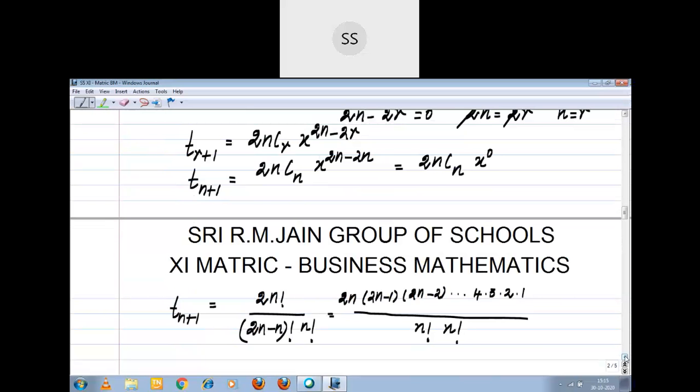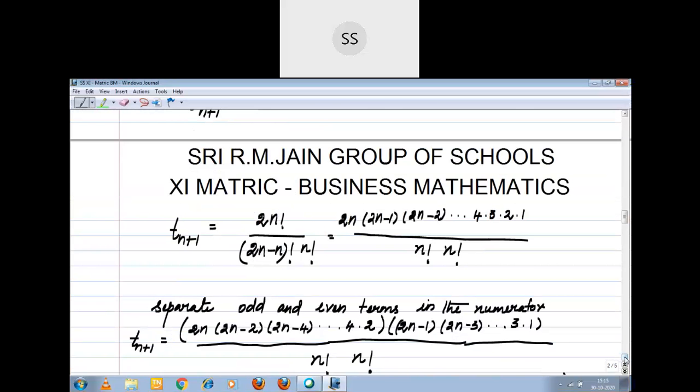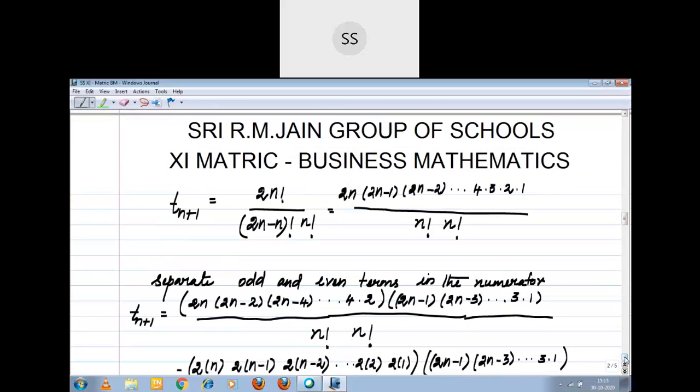This is your general term. So Tn plus 1 equal to 2nCn x power 2n minus 2n, that is x power 0. The term is independent of x, so we arrived at x power 0.